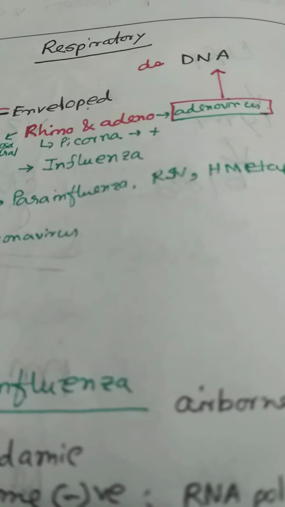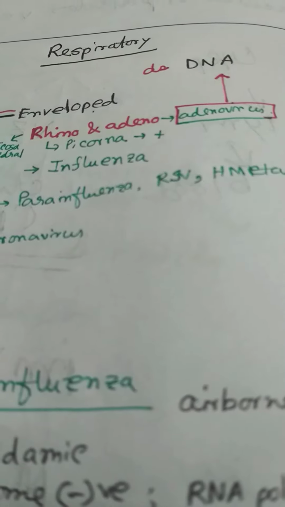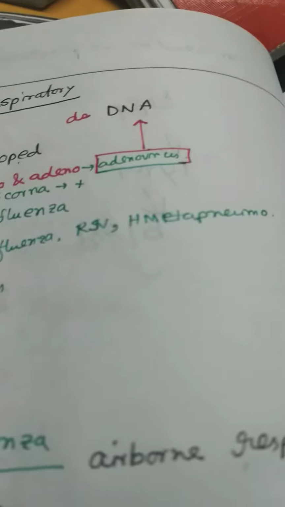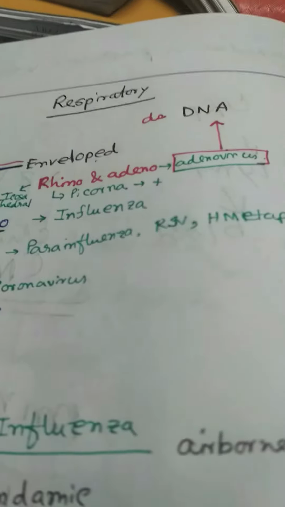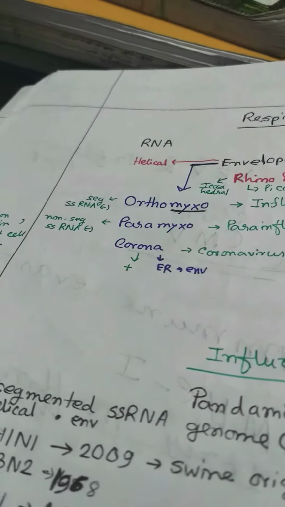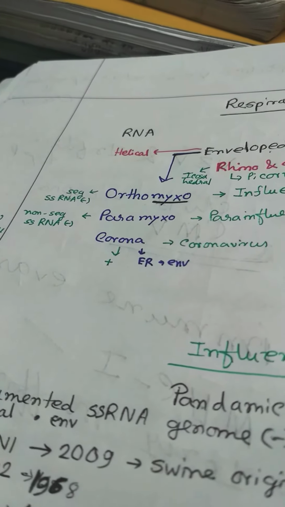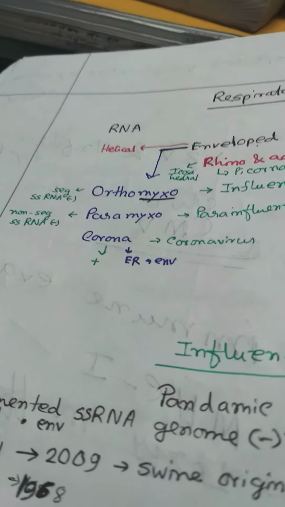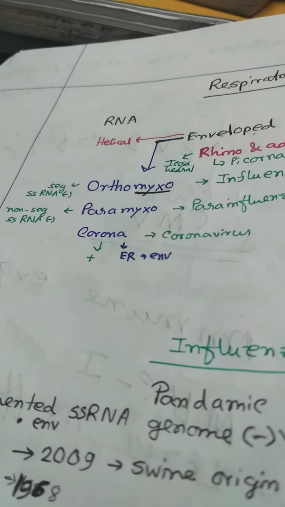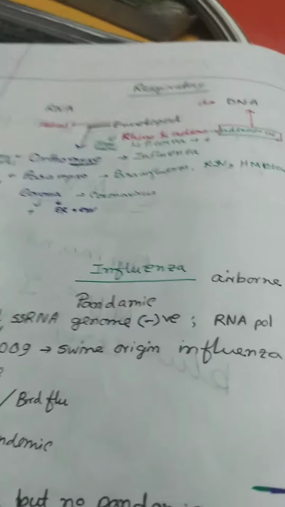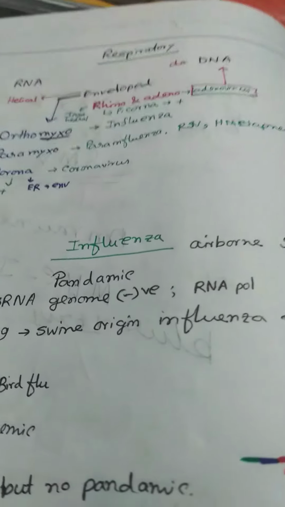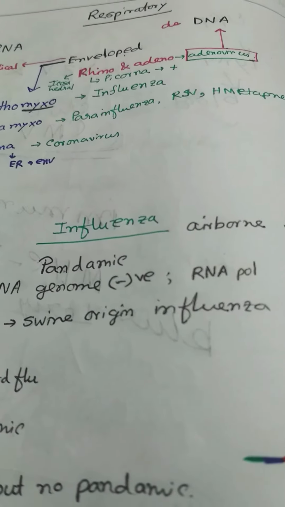The respiratory syncytial virus has only fusion protein. These viruses have a non-segmented single-stranded RNA genome of negative polarity. They have helical symmetry. They cause respiratory tract infection, pneumonia, bronchitis, bronchiolitis.